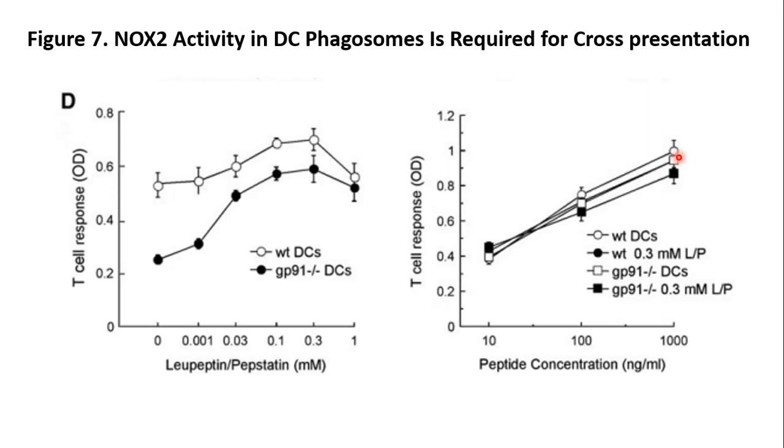So the conclusion is that, I'm going to say again, partial inhibition of proteolysis in GP defective DCs overcomes the cross-presentation defect, indicating that excessive antigen degradation in phagosomes from GP defective DCs resulting from abnormal acidic pH is the cause of inefficient cross-presentation.